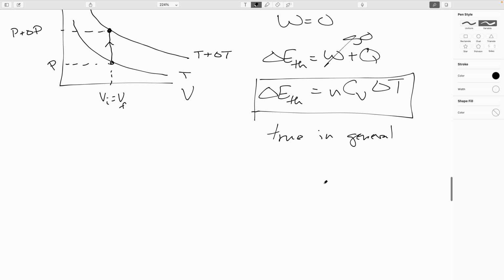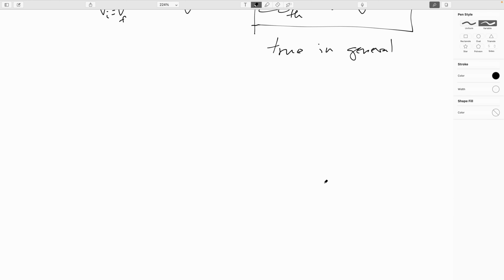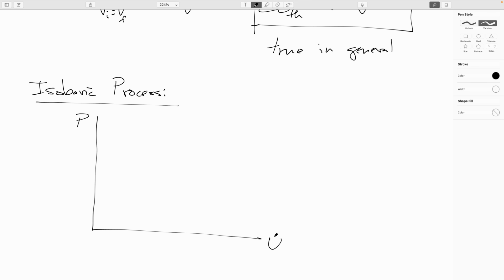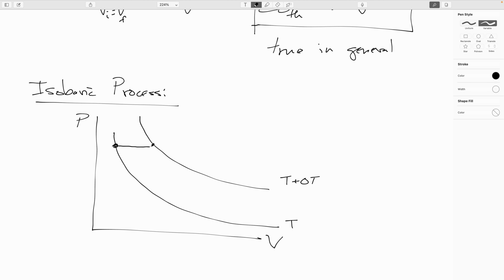So now let's go ahead and look at an isobaric process. So again, PV, V, there we go. And once again, I'm drawing two isotherms, one at T and one at T plus delta T. Now remember, an isobaric process is one where the pressure doesn't change. So that's a horizontal line in a PV diagram.